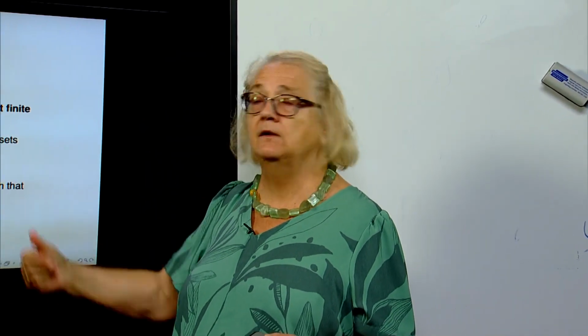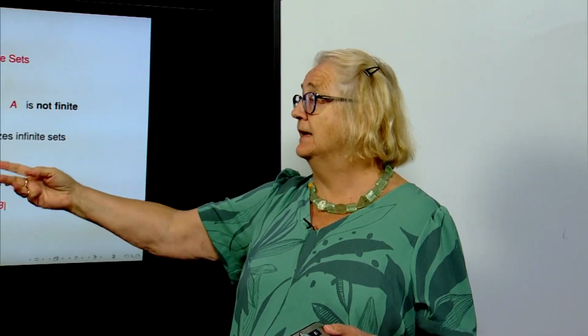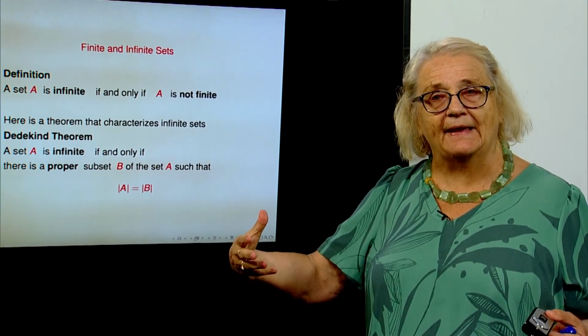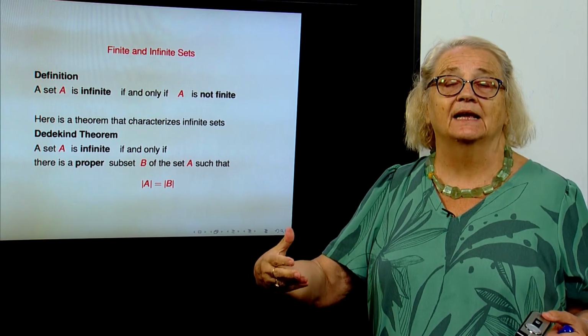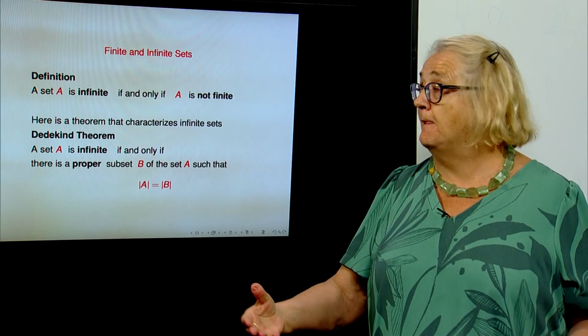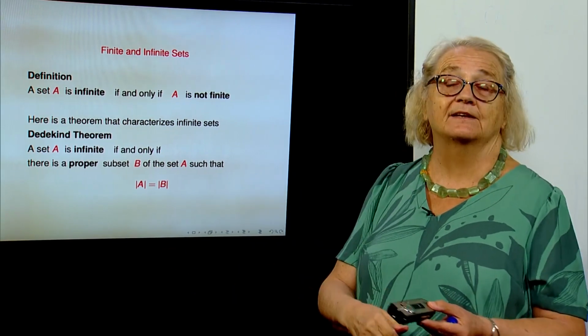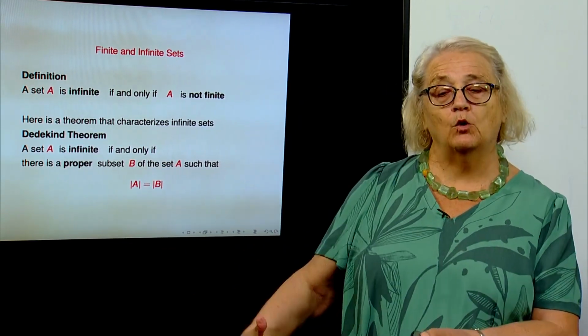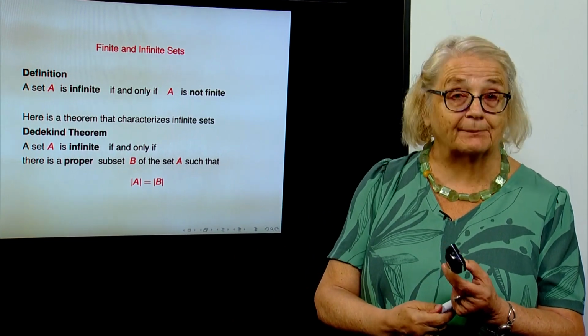We have the Dedekind theorem, which characterizes the infinite sets: A is infinite if and only if there is a proper subset such that you can put the whole set into the subset.